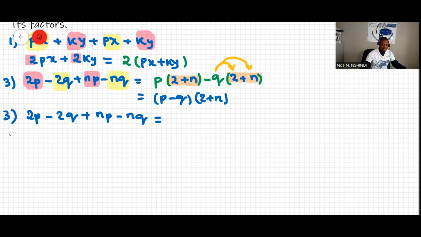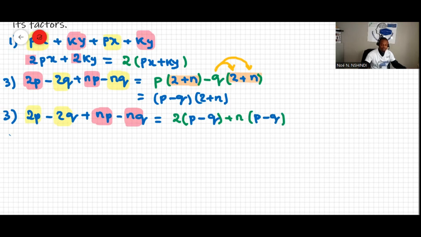The common factor here is 2, and then also group np and nq, because here the common factor is n. Now I'll take 2 as the common factor here, and then plus n as the common factor over there also. Then within the brackets, I'm left with p minus q there, and if I take n out as a common factor, it's going to be p minus q.